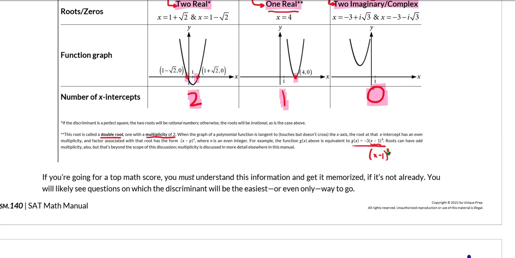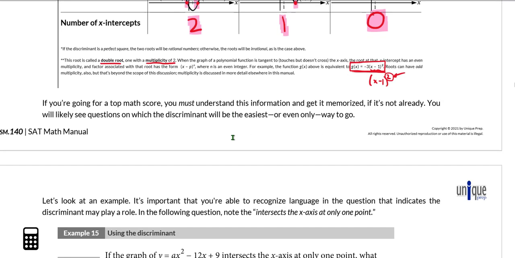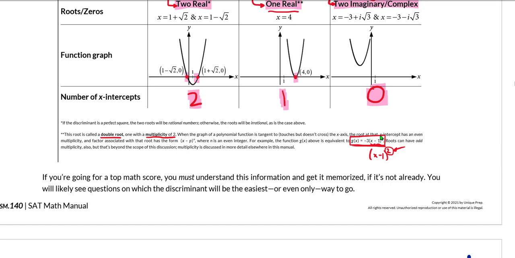So we would say that the root or the factor has a multiplicity of 2. Roots can have even or odd multiplicity. Of course, this one has even multiplicity. This equation right here is just another form of the g of x function that we have in this table. We've just converted this to factored form, or you could also call this vertex form, I suppose.